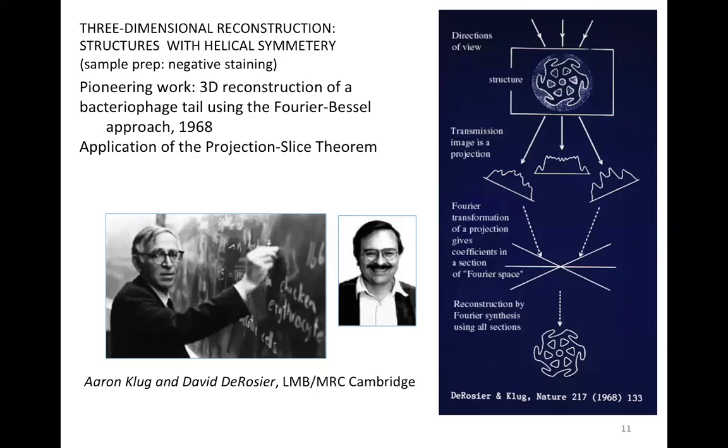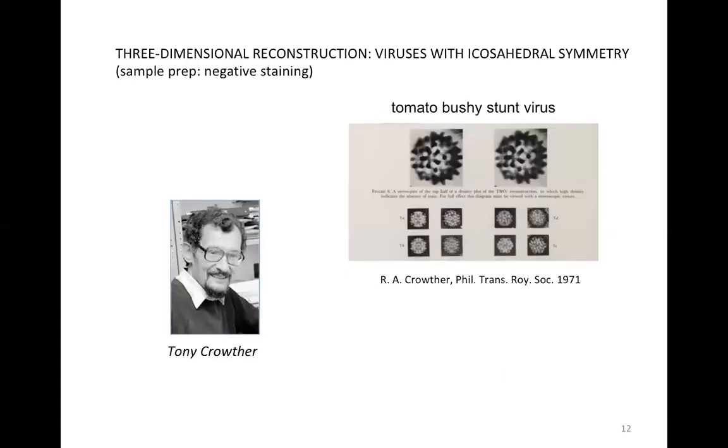Now, other people also approached highly ordered structures. Tony Crowther in 1970 obtained three-dimensional reconstruction of viruses with icosahedral symmetry. Here you have 60 units in a perfect icosahedral order.